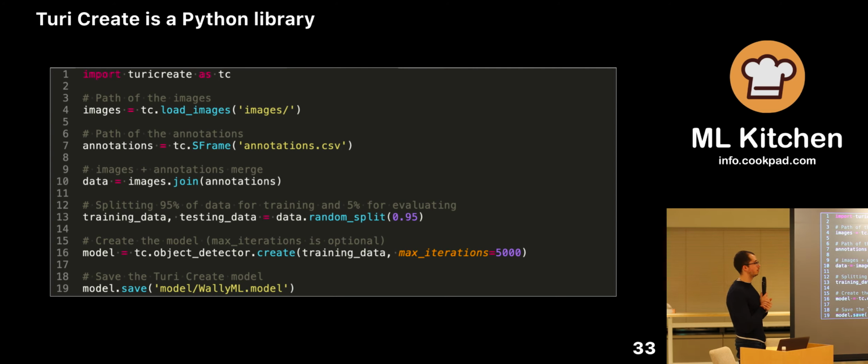Usually when you create a machine learning model, you have to split the data set into three parts. The first part is the training, the second one is the evaluation, and finally the testing data. Training, evaluation and testing are very different in machine learning.